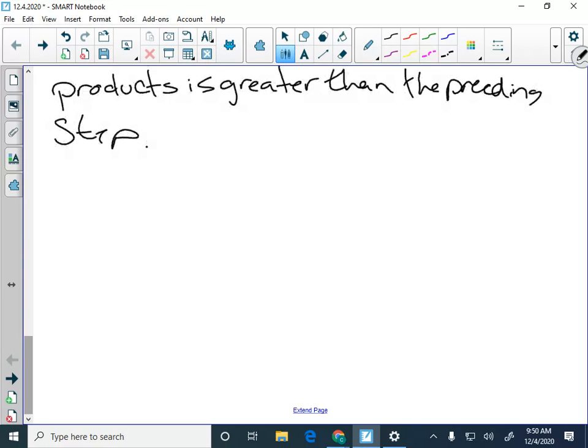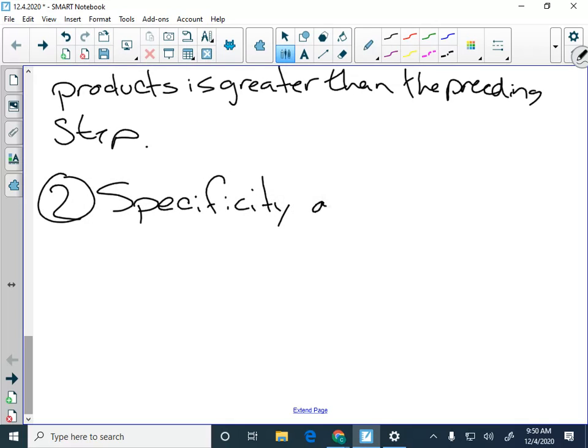The next is specificity of cell signaling. And with this comes the coordination of the response.